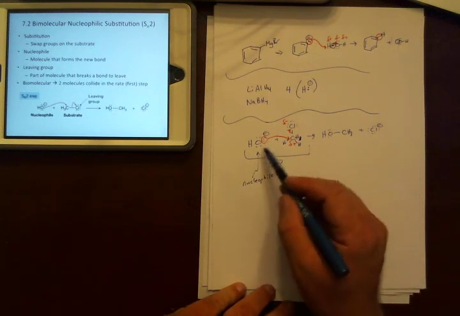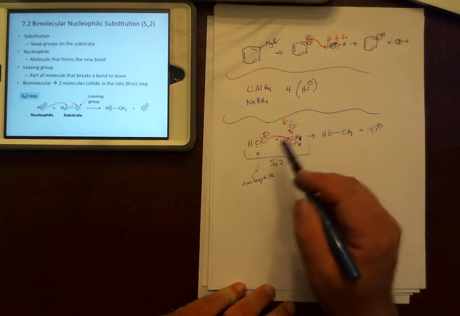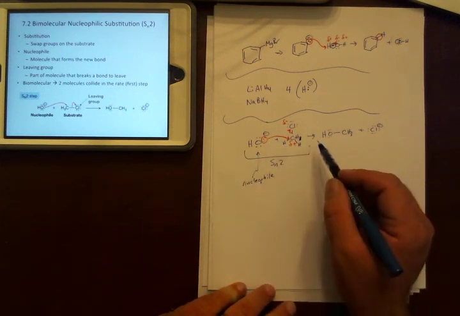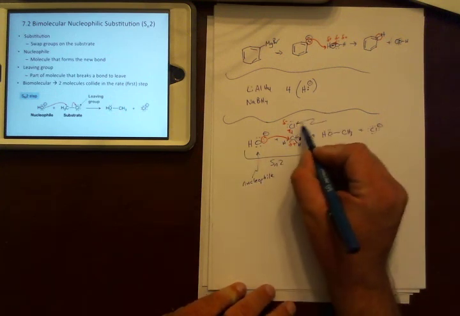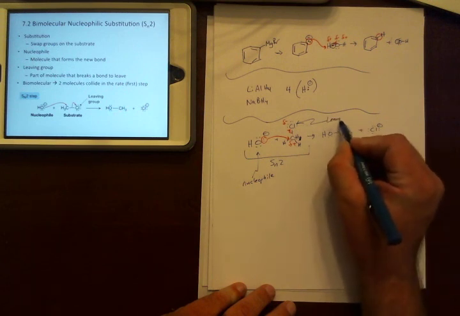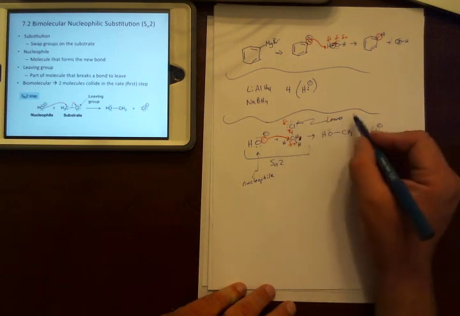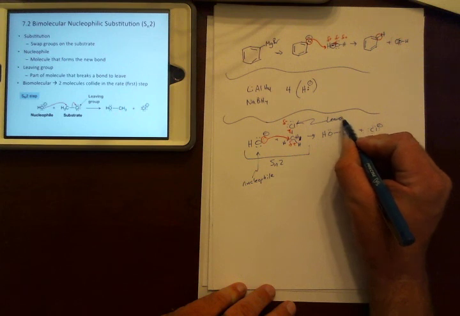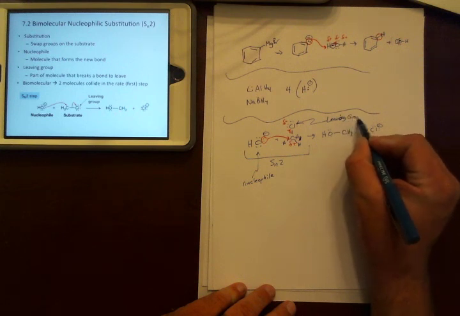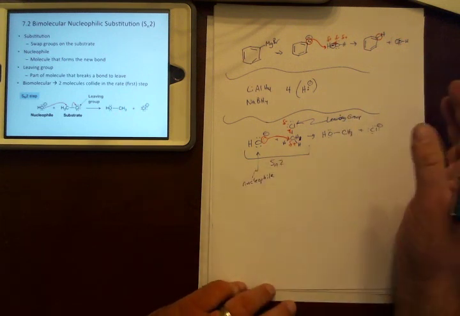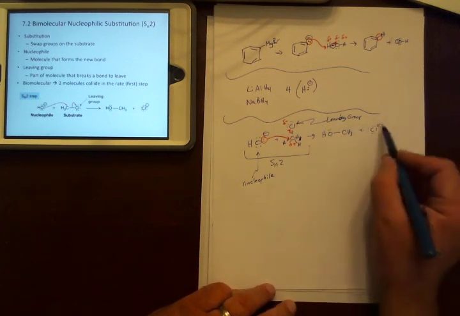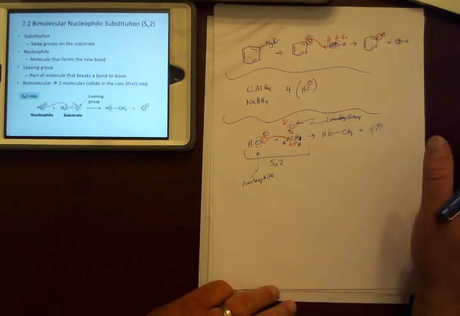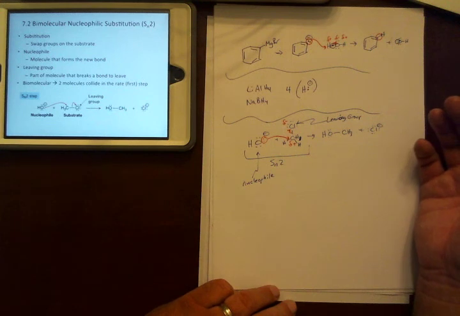It's the one that wants to make the bond. It's the one that's doing the attack. It's the one that makes the new bond. This group here is the one that leaves the molecule. This is called the leaving group. It does exactly what the name says. It leaves. The chlorine left. That is the leaving group. They're typically going to be electronegative.